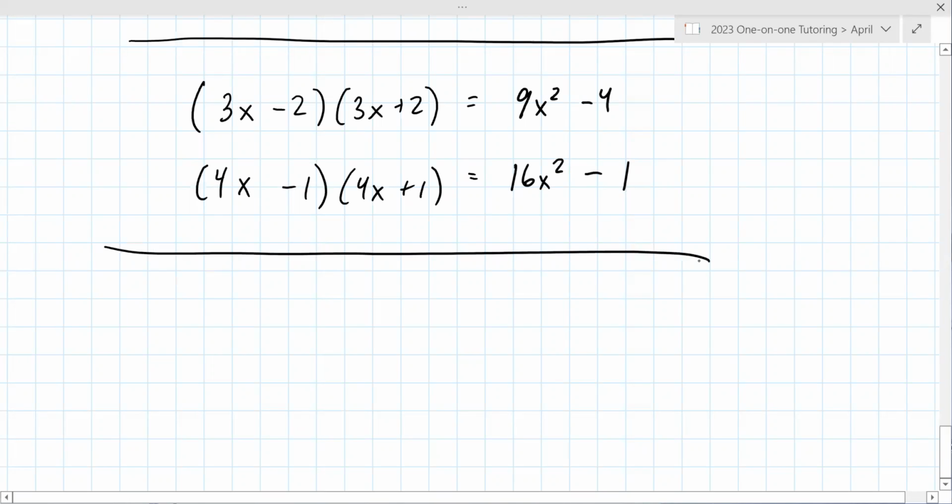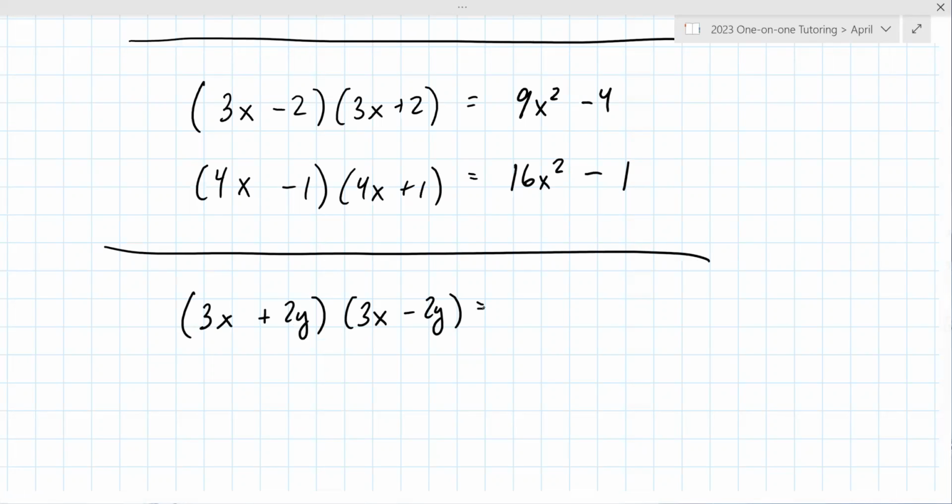All right, now we're up to the big ones here. How about 3x plus 2y, 3x minus 2y? 9x squared minus 4y squared. Okay.